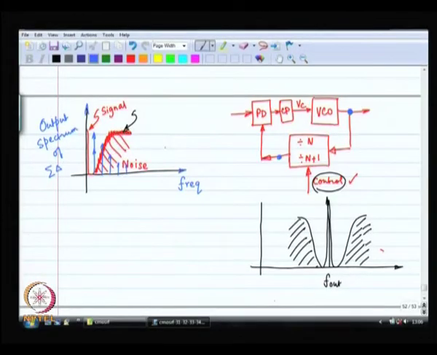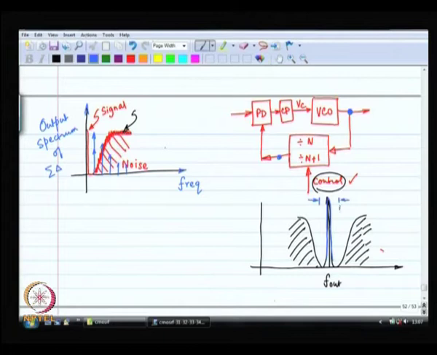Within the loop bandwidth of your synthesizer, this is going to look like the reference within the loop bandwidth. So, the phase noise of the reference is going to be tracked by the output of the VCO, but that is only within the loop bandwidth. So, let us say the loop bandwidth is this much.